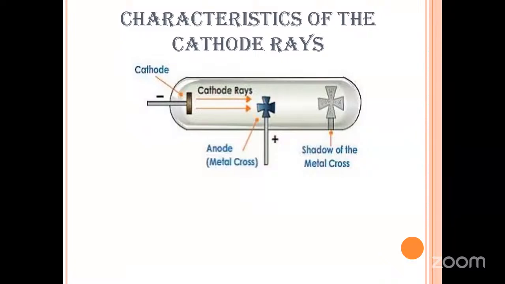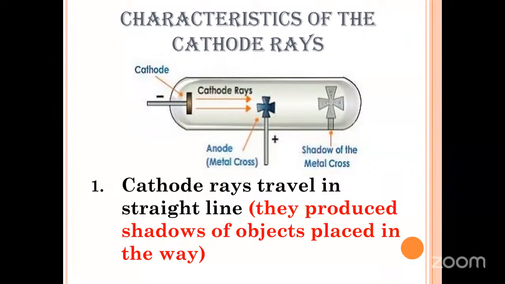So one of the properties is that cathode rays travel in a straight line. We have substantiated that by this experiment: when an object is put in the path of the cathode ray, a shadow is cast at the back, at the end of the tube. So that shows us the direction of the rays.